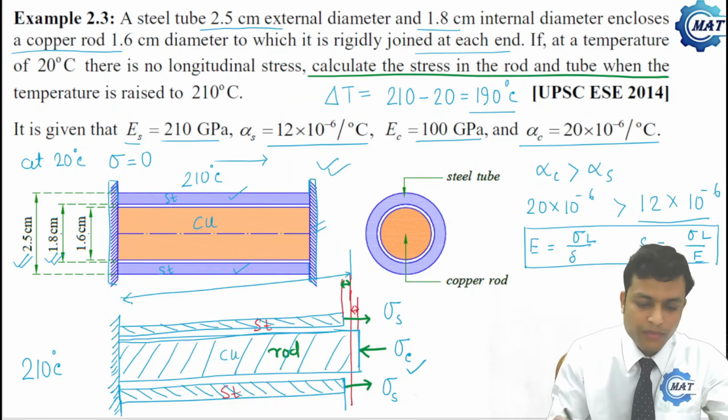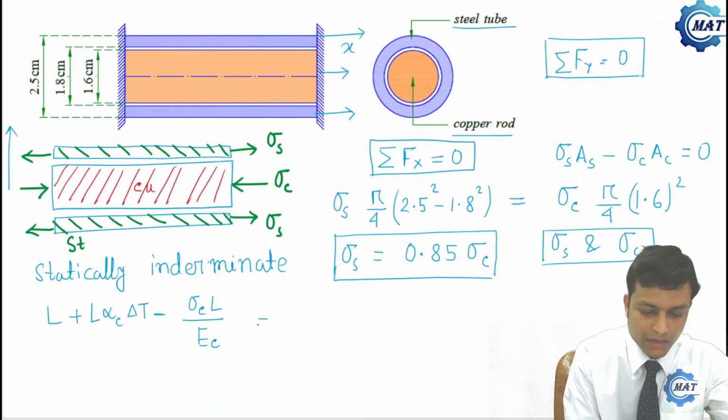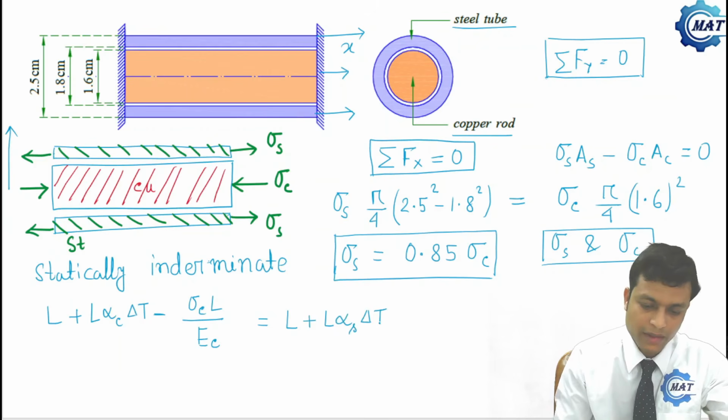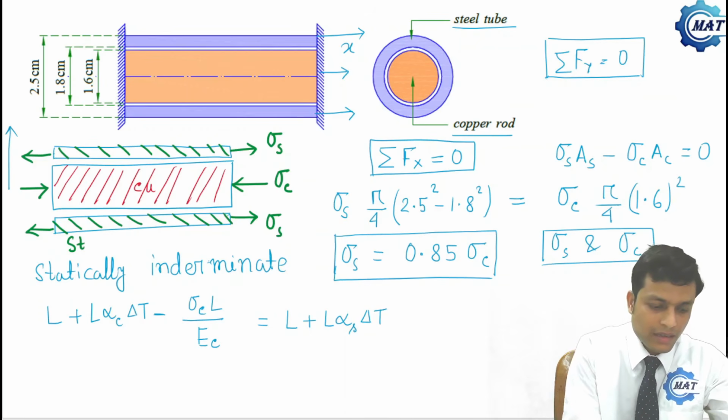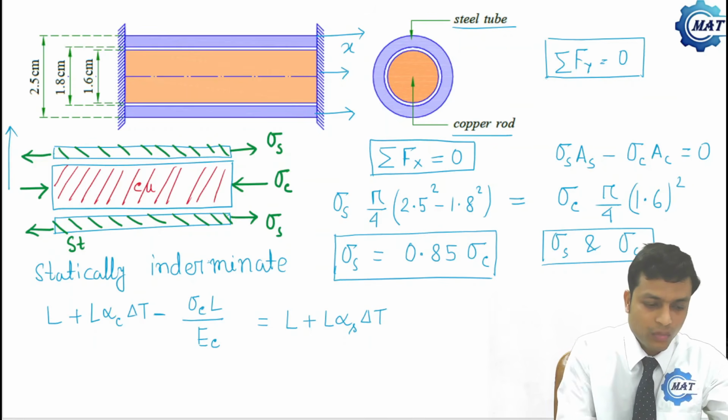Now, what will be the final length of the steel tube? The initial length of the steel tube was L. At elevated temperature, if we allow the steel tube to expand freely, it will expand by L alpha S delta T. Here it does not expand freely because of these rigid walls.